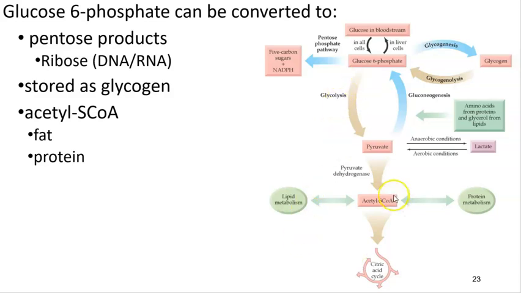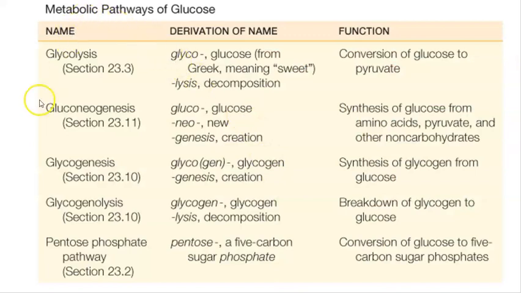I want you to know the metabolites at the interface for these pathways and also the name of the pathway that is going between them. And we will talk about these processes. We're going to start focusing on glycolysis first. But here's just some of the naming of those different metabolic processes that glucose is involved in.